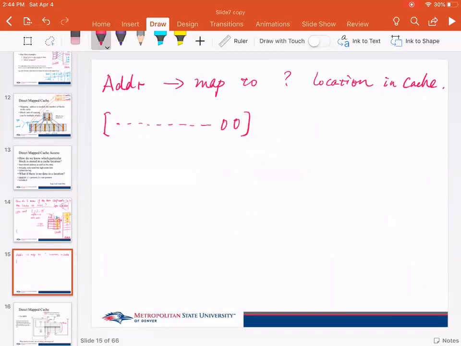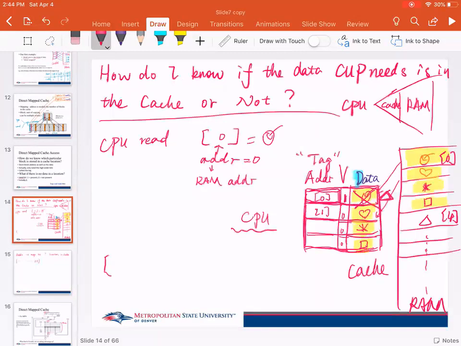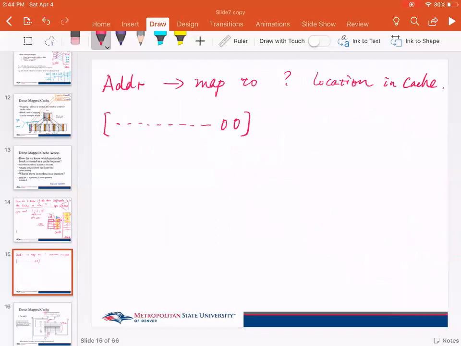remember the smallest size of a piece of data here is a word. So each block, no matter in the RAM or in the cache, is actually a word. So if the smallest unit of your data is a word, you will never have the address 1, 2, 3.